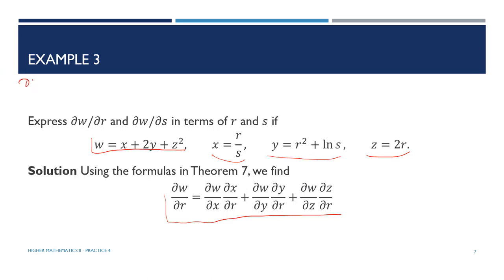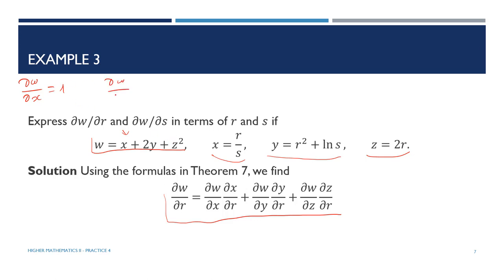So let me try to calculate this one. dw dr equals this formula. First of all, I will need dw dx here: the derivative of w with respect to x gives me 1, since the derivative of x with respect to x is 1, and the derivatives of 2y and z squared with respect to x are all 0.